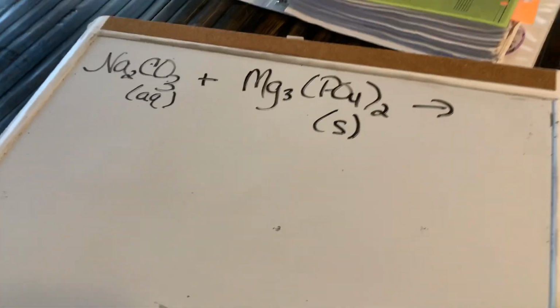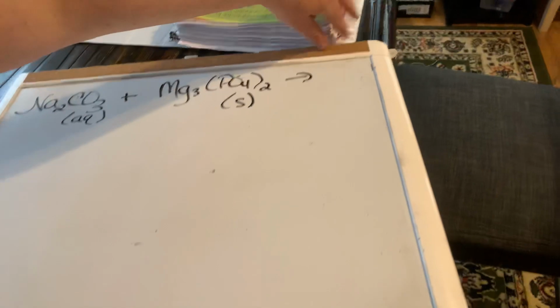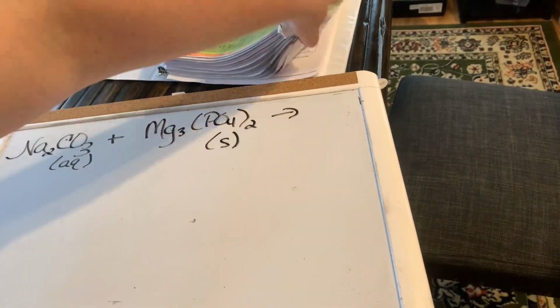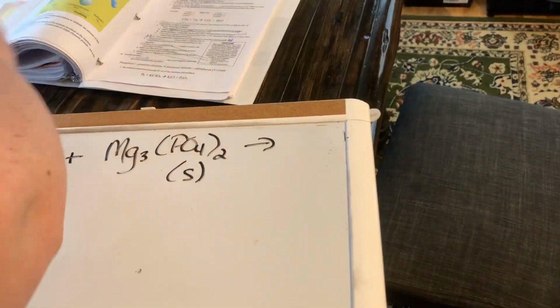I want you to give these a shot. What I want you to try is this. If I could get back to my correct place here. No, not that, sorry. Over here. Right here.